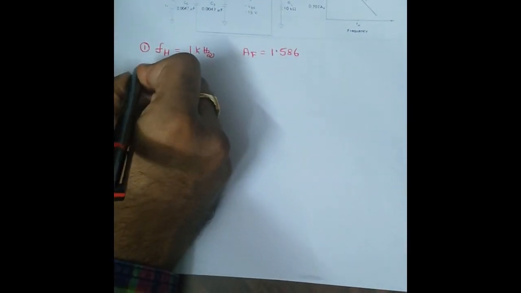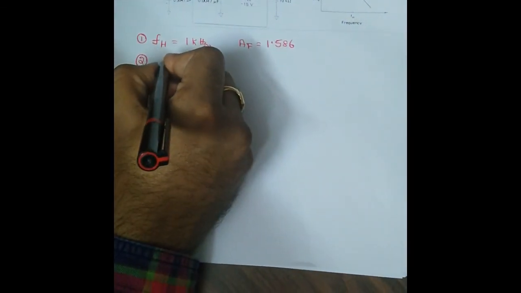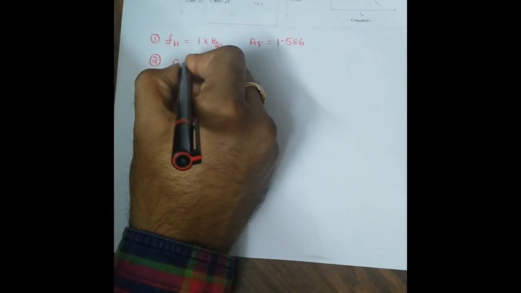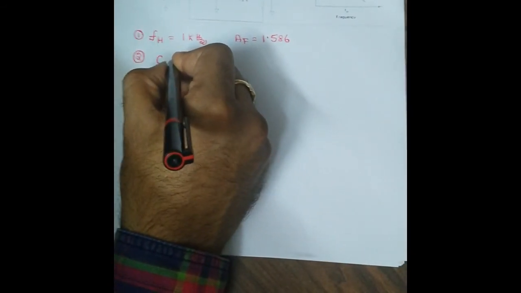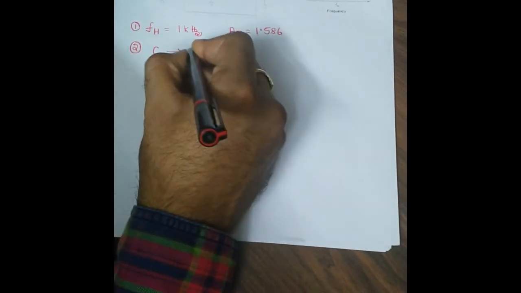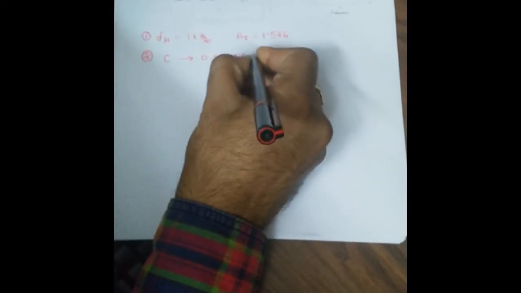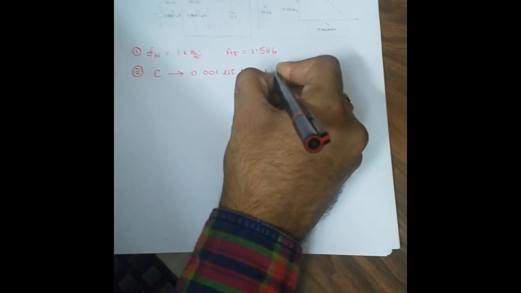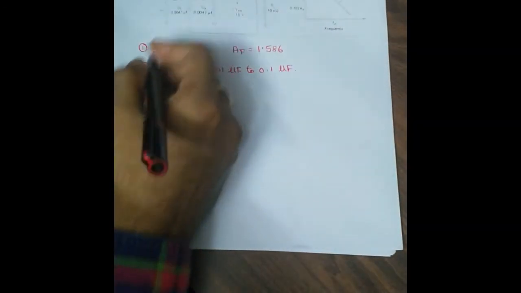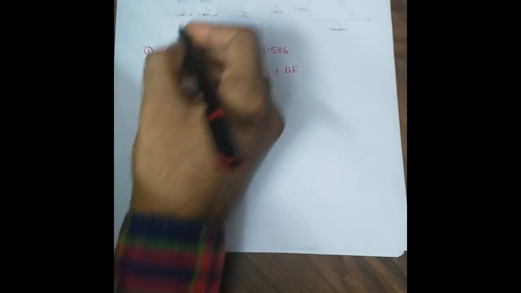The second step is to select the value of C. The C value must be selected in such a way that it should be between 0.001 microfarad to 0.1 microfarad. Here we have two values, C2 and C3.